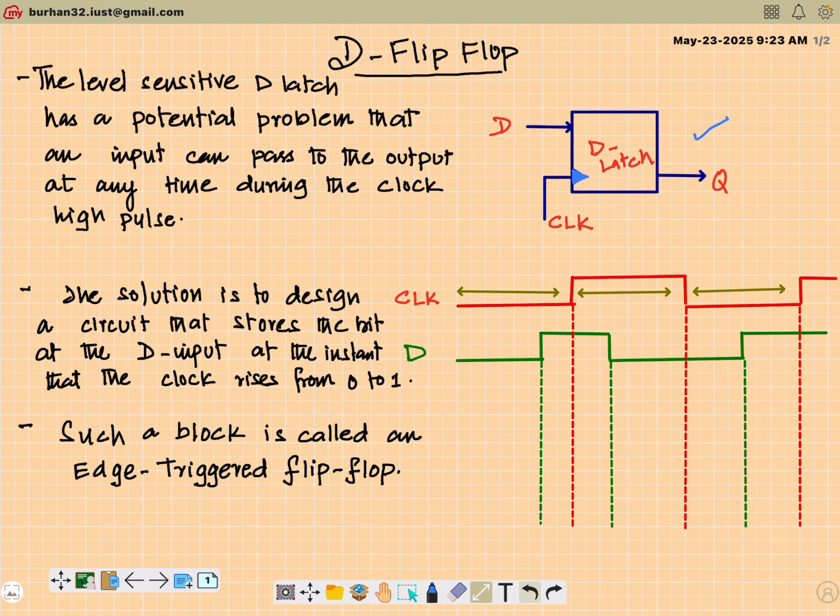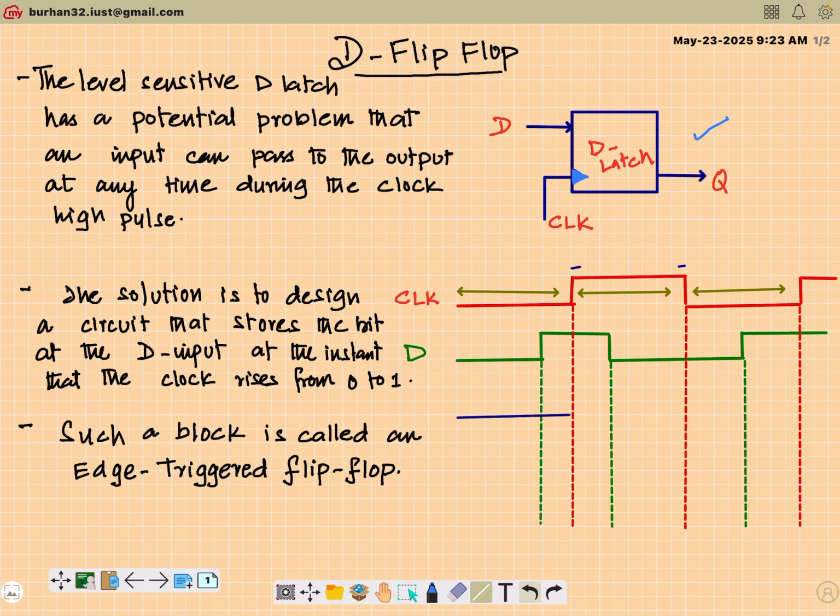So if I am to plot the output of a latch, let's plot here the output based on the typical behavior of a latch. Up to this instant, the clock is low, so nothing doing. Now the clock goes high for this entire duration from here to here.